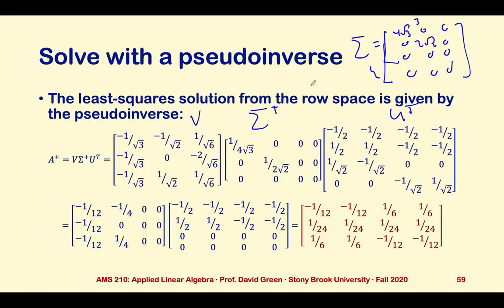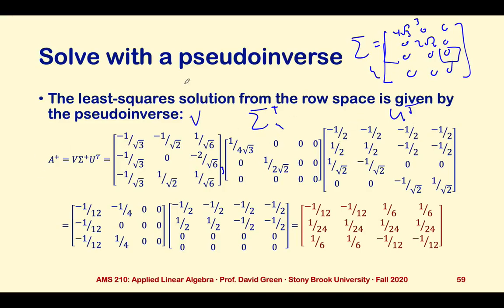So we take 1 over 4 root 3, 1 over 2 root 2. The zeros we leave as zeros, and we change the size of the matrix so it becomes a 3 by 4, matching the flipped size. It essentially matches the size of A transpose rather than the size of A. Constructing these matrices is fairly trivial given U, sigma, and V.